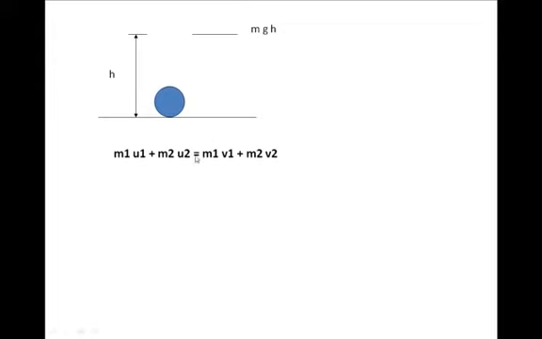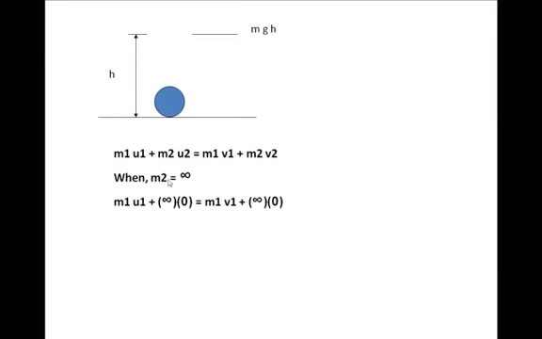If we apply the momentum equation to this problem, we have to write m1 u1 plus m2 u2 is equal to m1 v1 plus m2 v2, where m1 and m2 are the particles, and u is associated with initial velocity, symbol v is associated with final velocity. So if m2 is infinity, then this equation looks something terrible.